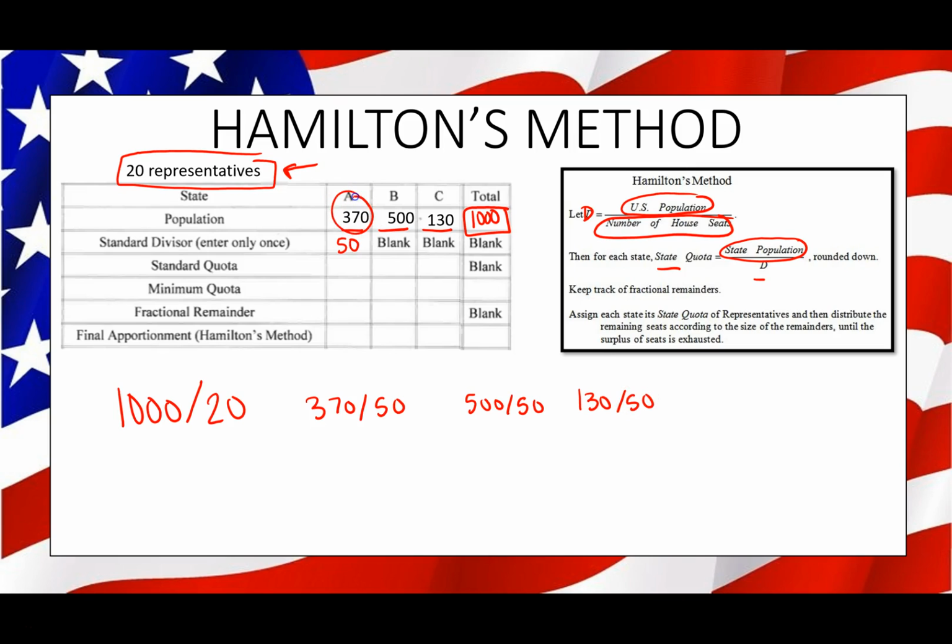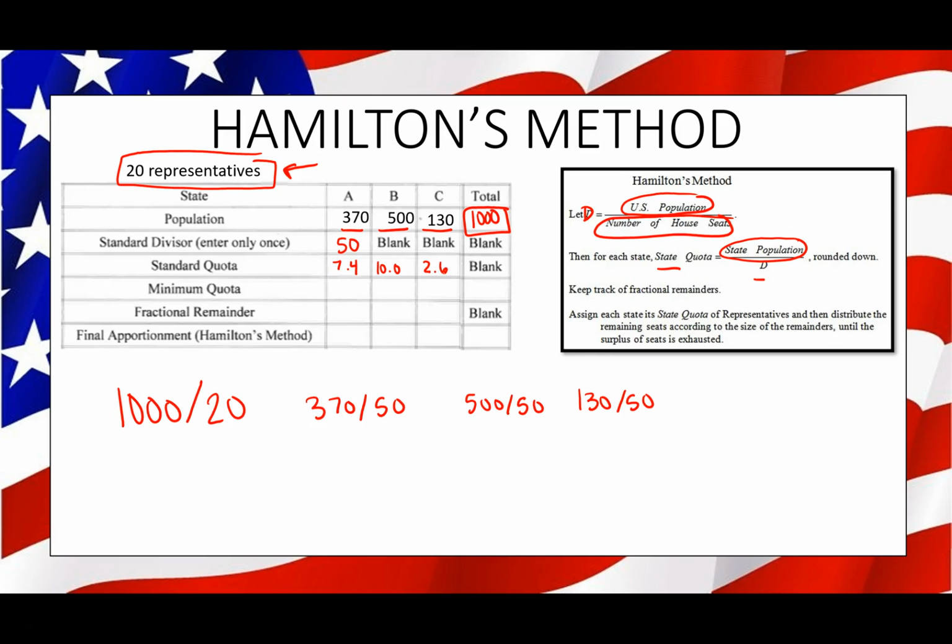So let's do that. 370 divided by 50 gives me 7.4. 500 divided by 50 gives me 10.0, and it's nice to put that 0.0. And then 130 divided by 50 gives me 2.6.